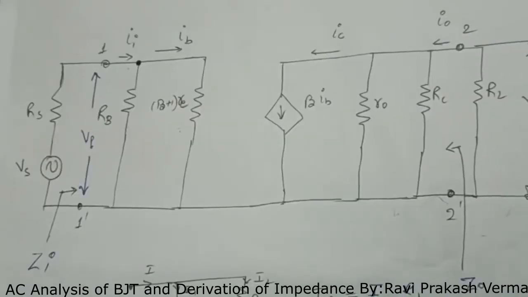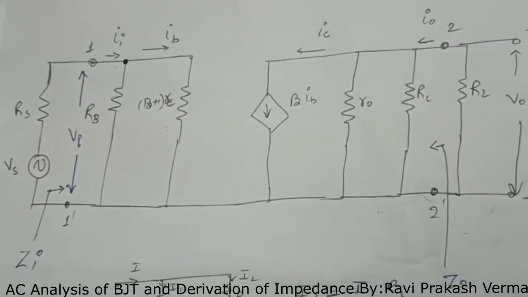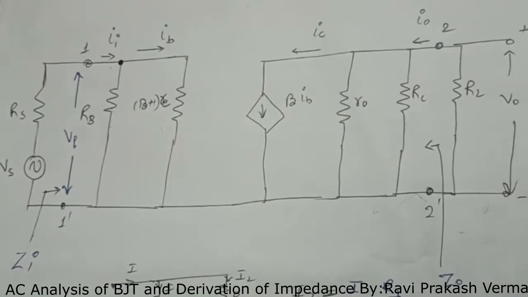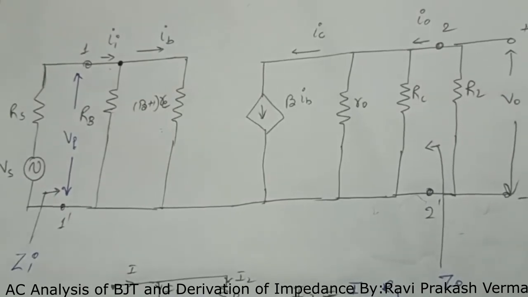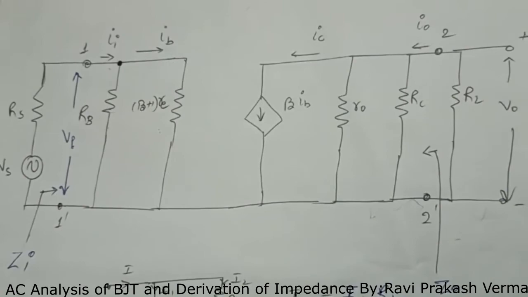Next we have to find the output impedance. For finding the output impedance, we assume that the input source Vs is equal to 0 and load resistance is infinite. We can also say that the input will be short circuited and the output will be open circuited.